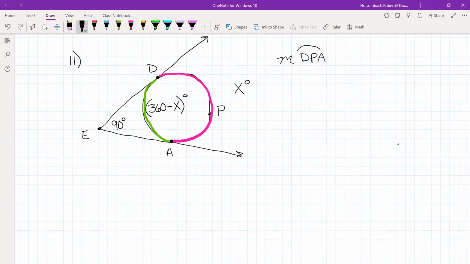So if we know one of them and we subtract it from 360, we have the other one, don't we? Now, here's the setup. The measure of the angle, 90, equals 1/2 of the difference of the big arc minus the little arc. And the little arc is 360 minus X.